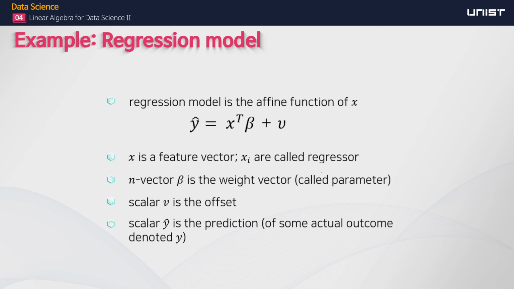Vector beta is the weight vector, or called parameters in statistics. Those parameters can be estimated from data. The scalar y hat is the prediction value. You will learn the regression model in detail in the data mining course.